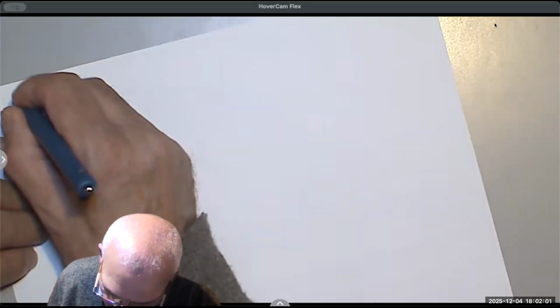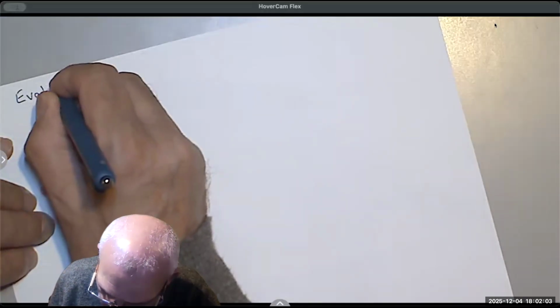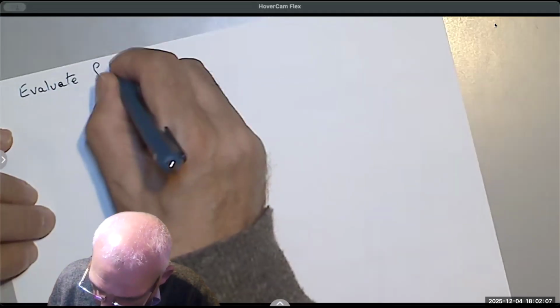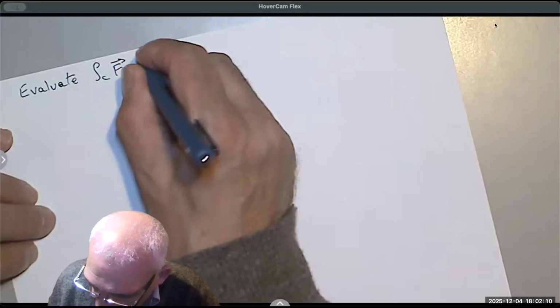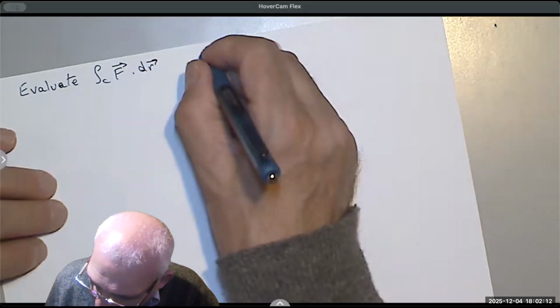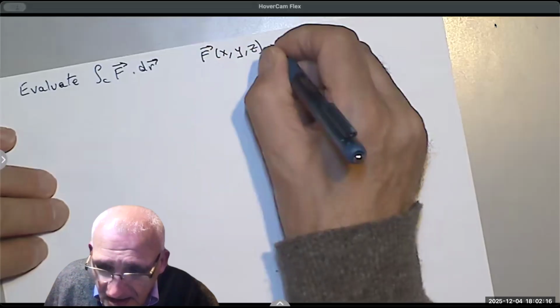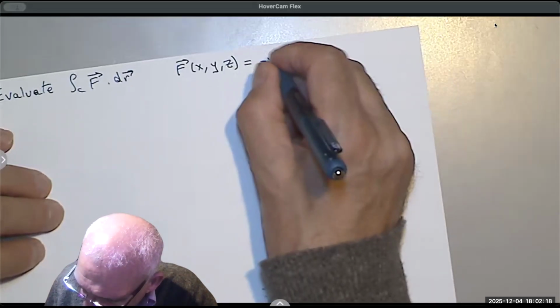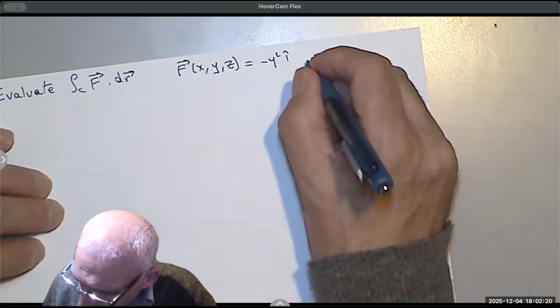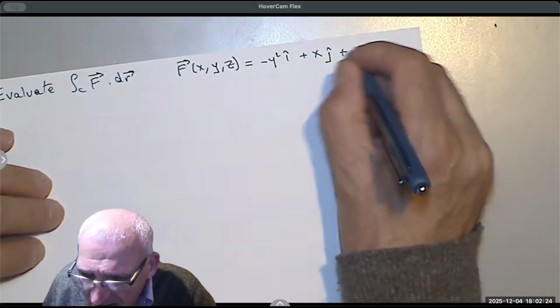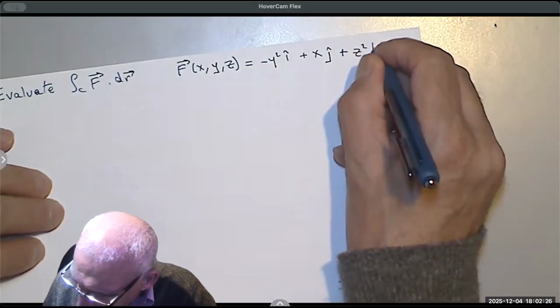I want to evaluate this integral where f of x, y, and z is given as negative y squared i plus x j plus z squared k.